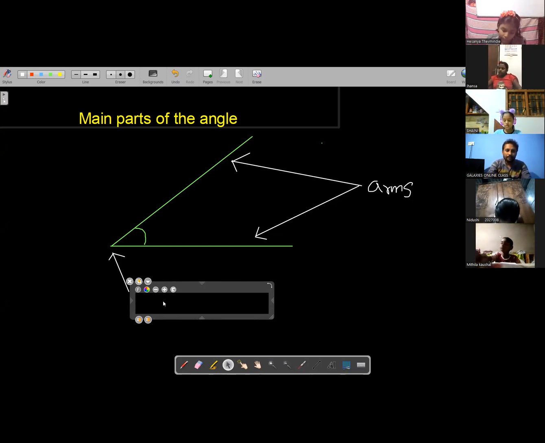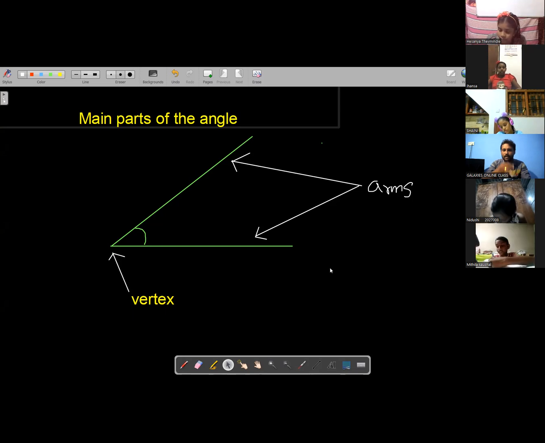Vertex. Vertex of the angle. How many vertices does the angle have? 1 vertex. Okay, there are 2 arms and 1 vertex.